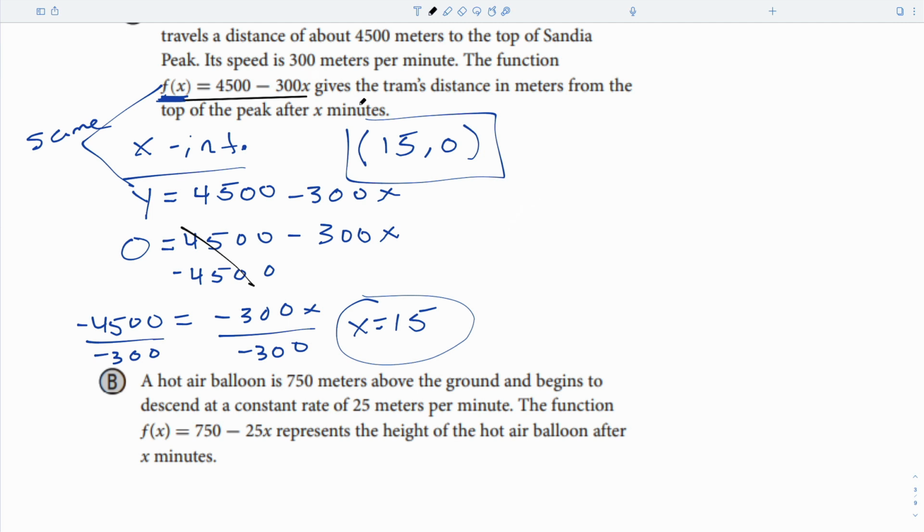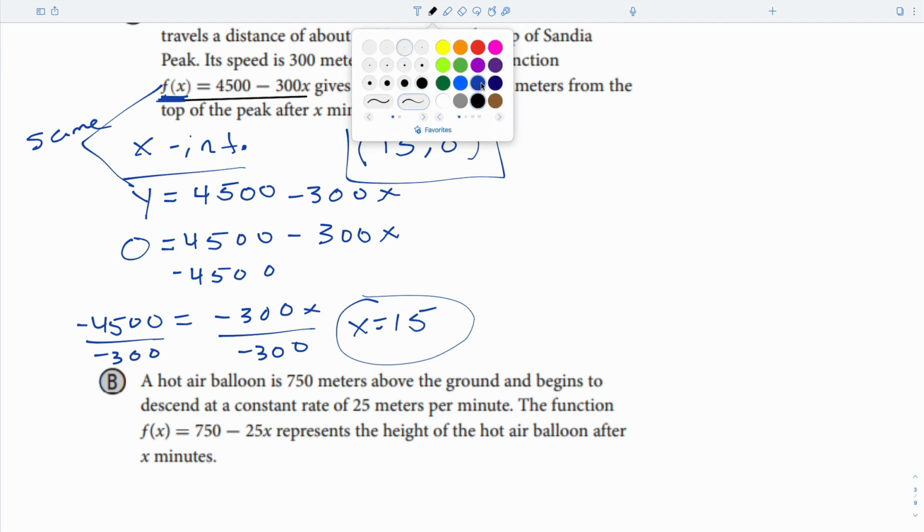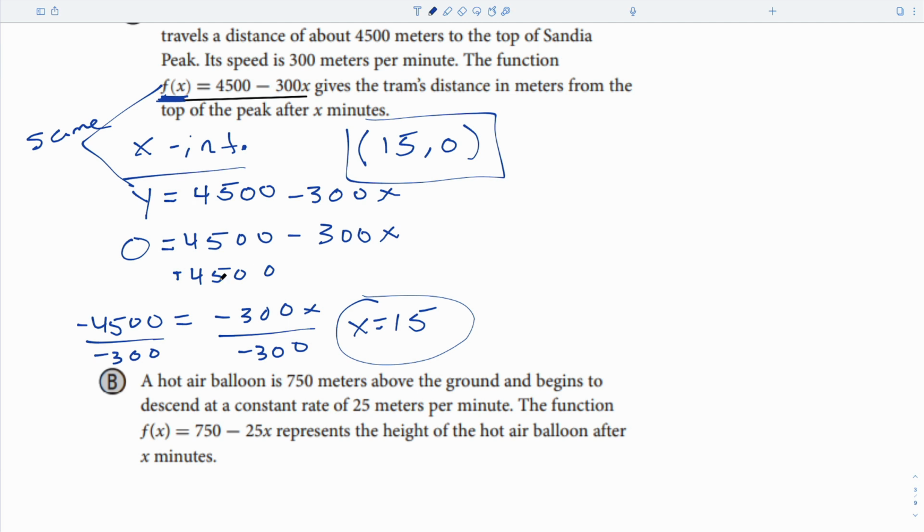Let's look at... No, I want you to show steps, but if you had to, so if you added 4500 here, Charles, to both sides, did I have a minus here? If I added it, we're not going to cancel the 4500 over here.